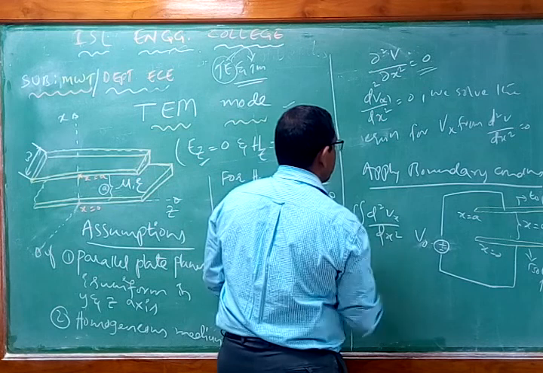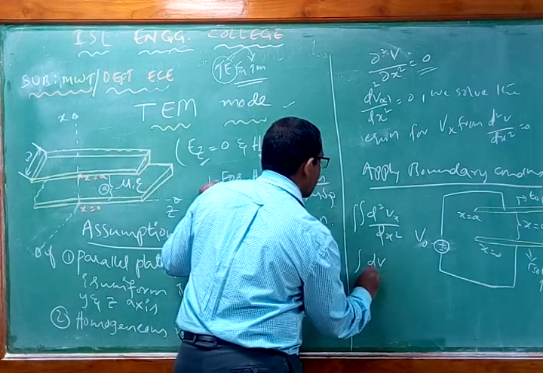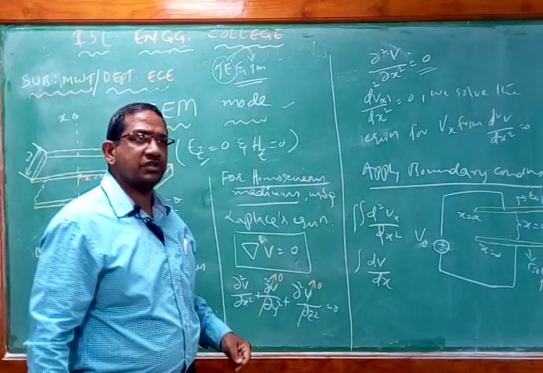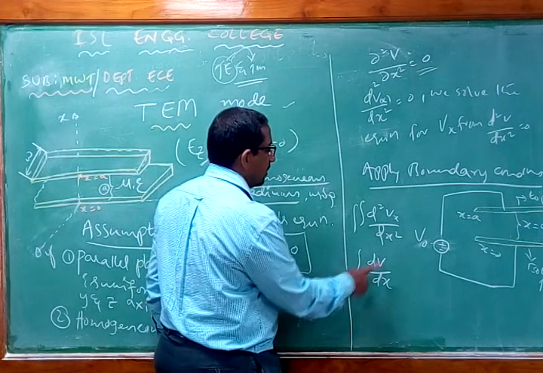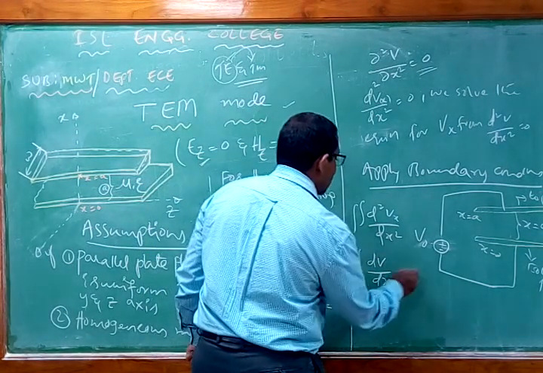So this is going to be Vx. The first integration gives dV by dx.